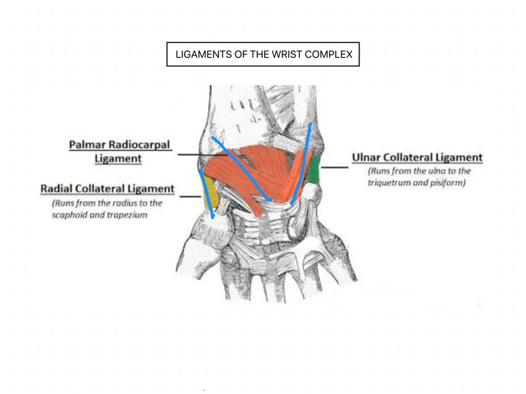So the capsule itself thickens and forms the palmar and dorsal intercarpal ligaments. That means from each bone to bone.